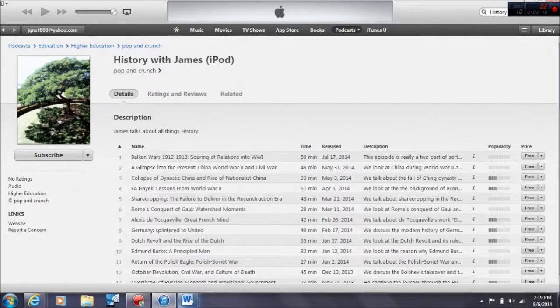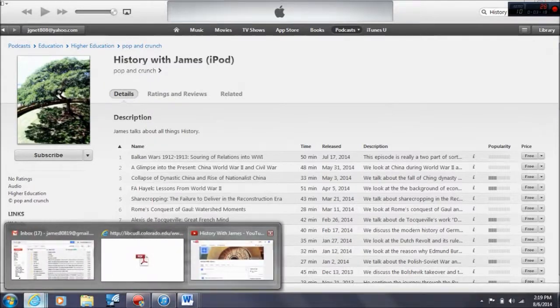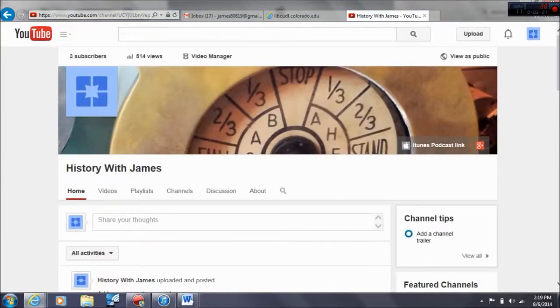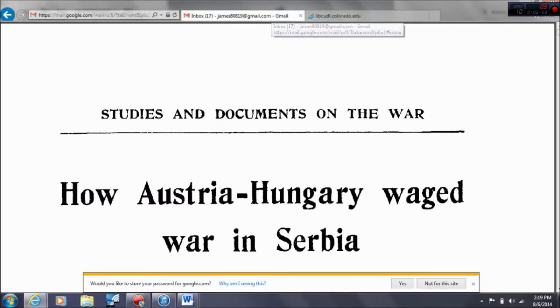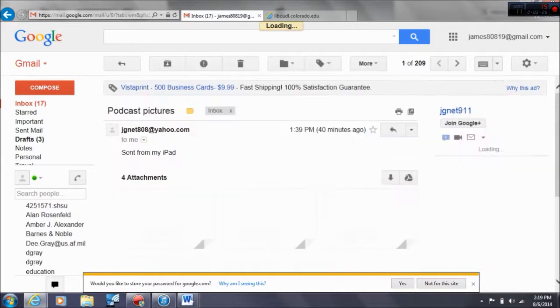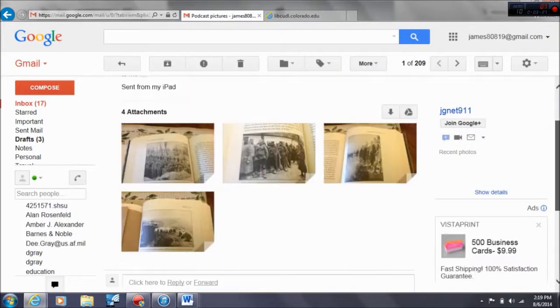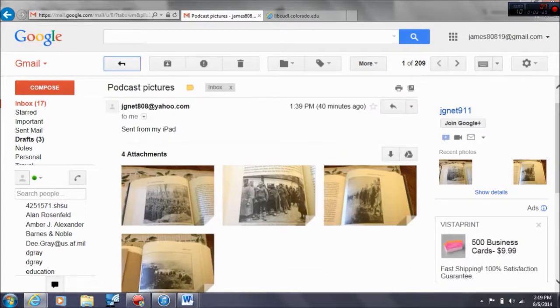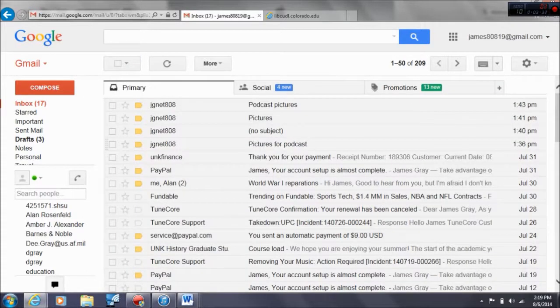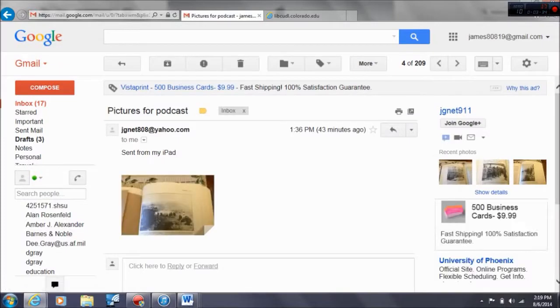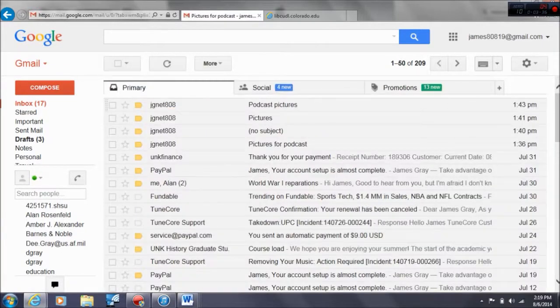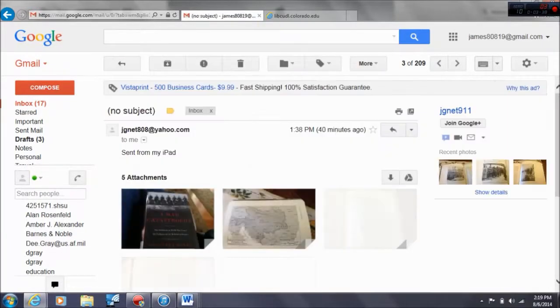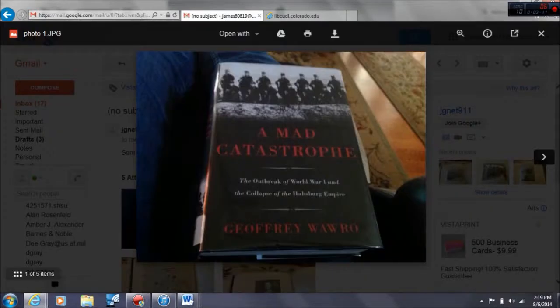So again, we'll go to our pictures here. I have some pictures here from a book. It's the second one. We use this book a lot, and it's a fantastic book because of the information provided in it.